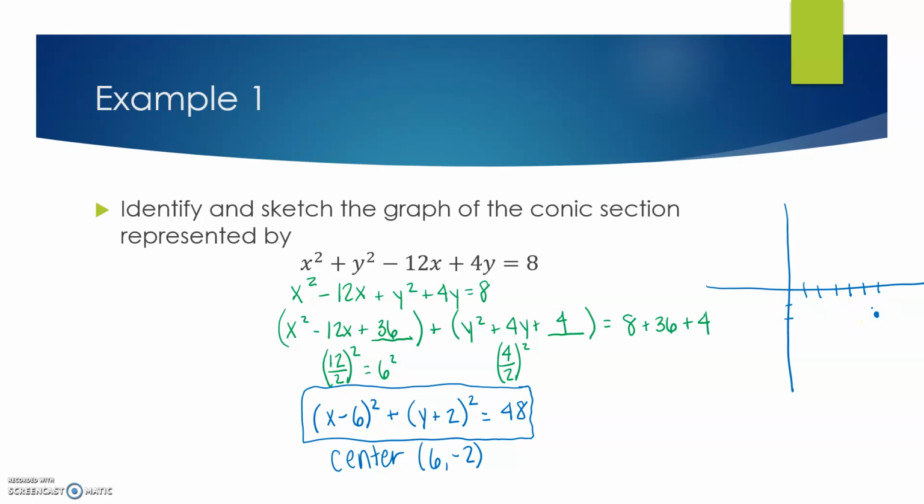And then I would have a radius of the square root of 48, which is about 6.9 probably. It's almost 7. So we would draw that radius of 6.9.